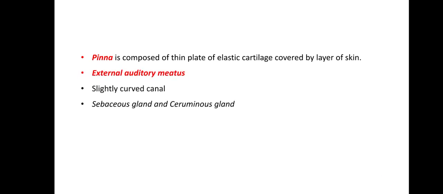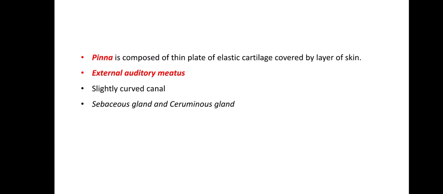Now the second part of external ear is the external auditory meatus. It is a slightly curved canal extending from the floor of the pinna to the tympanic membrane or eardrum. It contains two glands, sebaceous gland and ceruminous gland.